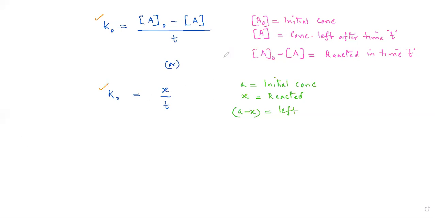Now let us see the expression for half-life. Every time we'll be going for two expressions. One is for rate constant, the other one is for half-life. First of all, what is half-life?